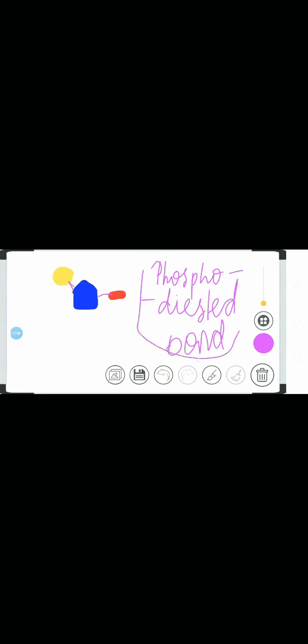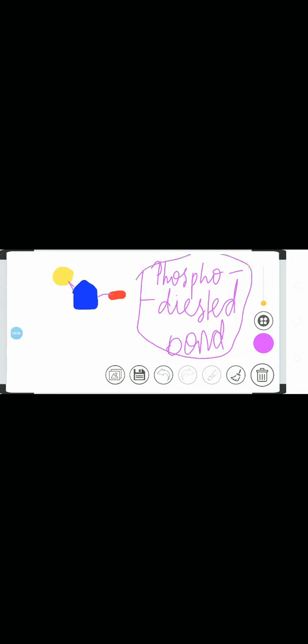So these all are combined with one bond, that is known as phosphodiester bond. This is also one important point. Please remember this. The 3 components of DNA are combined with phosphodiester bond.